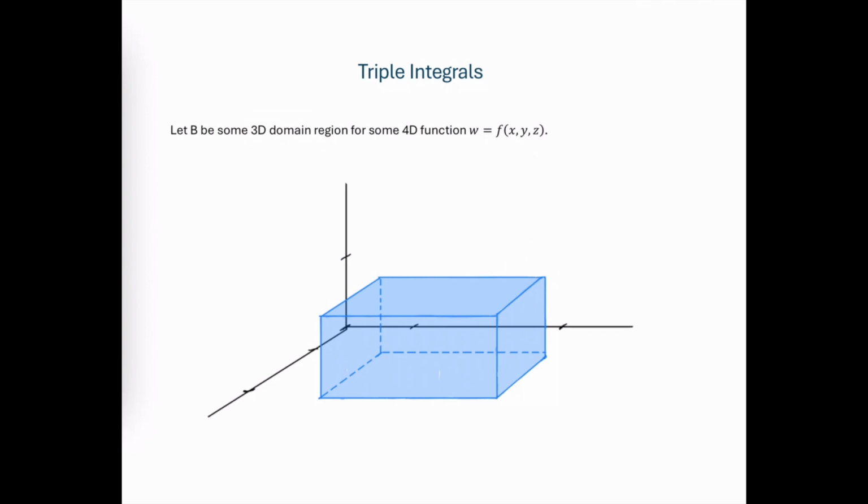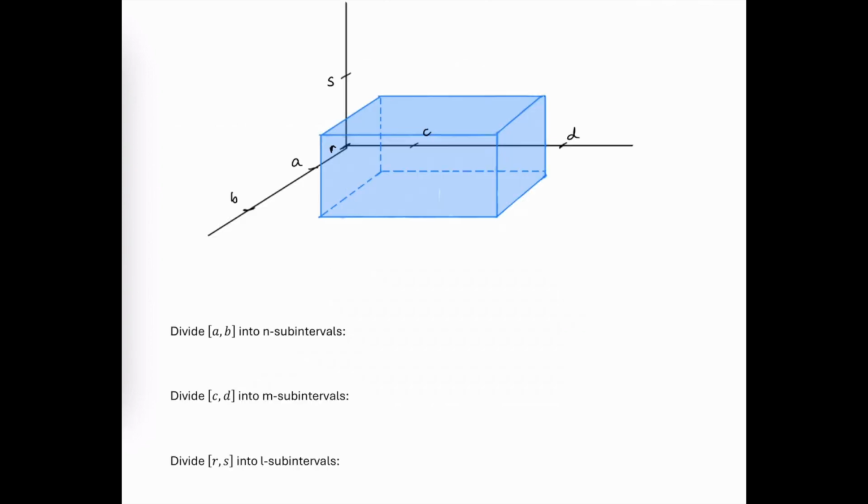Let's consider the length of this rectangular solid to be measured from the x value a to the x value b, this width back here measured from c to d, and the height measured from r to s. Now divide a to b into n subintervals, where each one of them is going to be called delta x wide, and the width of each subinterval will be b minus a divided by the number of subintervals that we use.